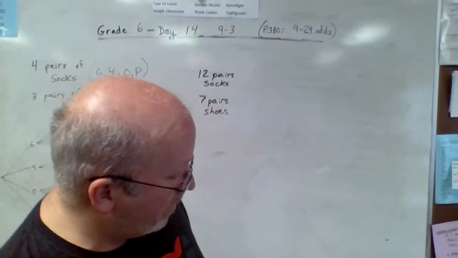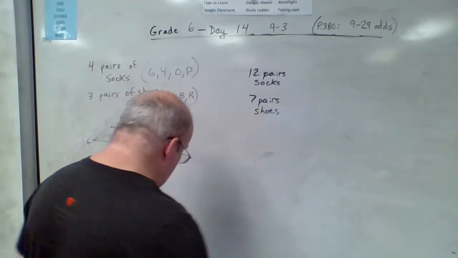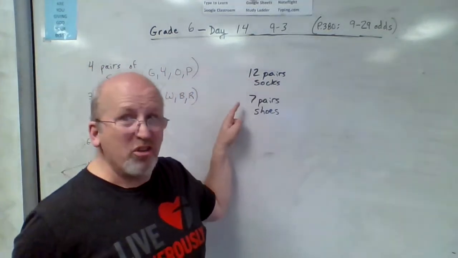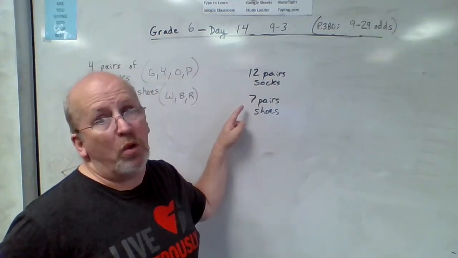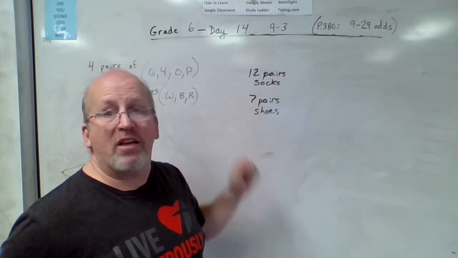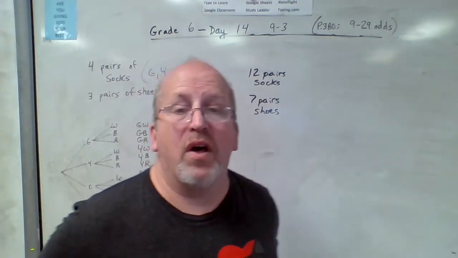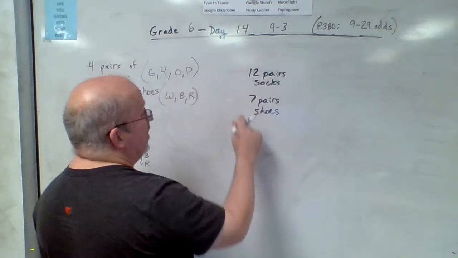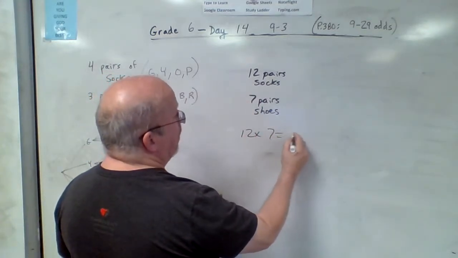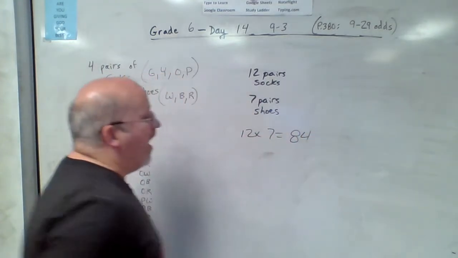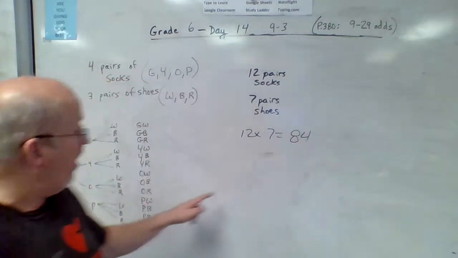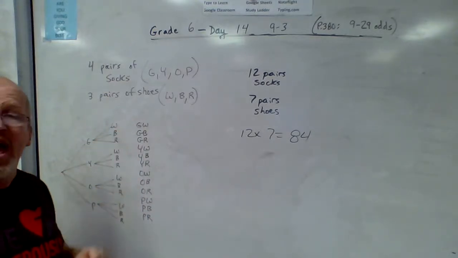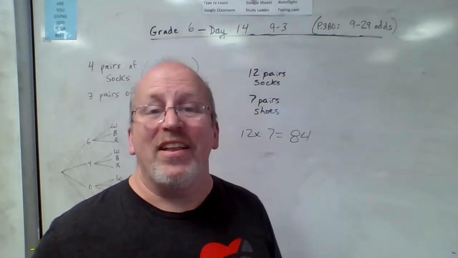Okay, you're back. So hopefully you understand that in this particular circumstance we could do a tree diagram, but it would be huge. Your textbook suggests something called the fundamental counting principle, where you take these 2 numbers and multiply them together, and that is a fast way of finding out how many outcomes you would have created had you drawn a tree diagram.